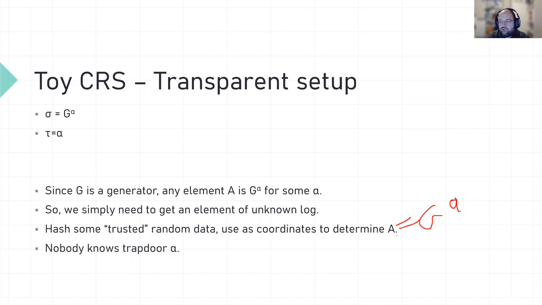So this is what's called a transparent setup, because it does not need multiple parties, and the only quote unquote trusted part is in the selection of the random data.